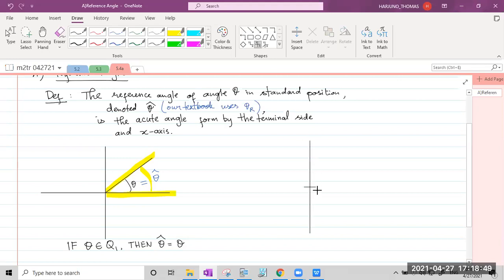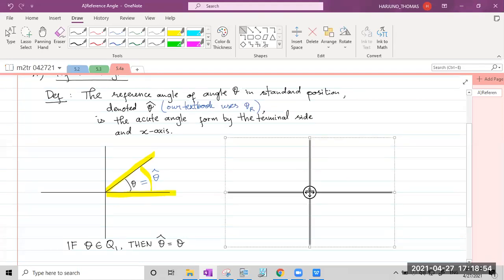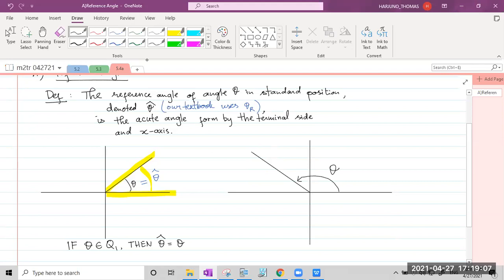Now, if theta is in quadrant 2, this is our theta. Then the reference angle will be from the terminal side to the x-axis, but it has to be an acute angle. So it must be this one. This is the theta hat.